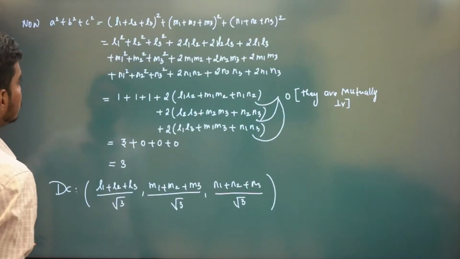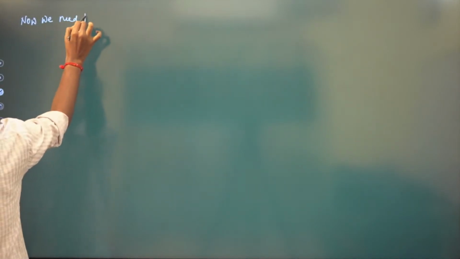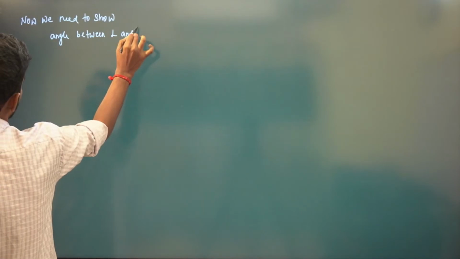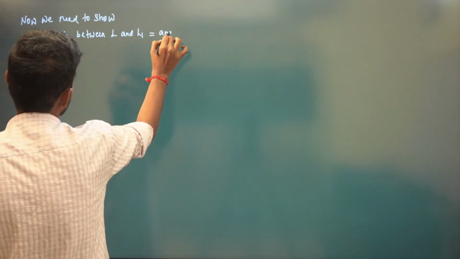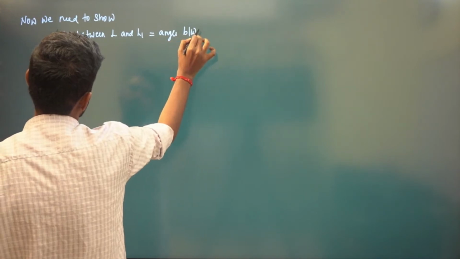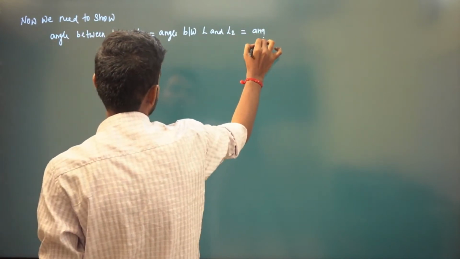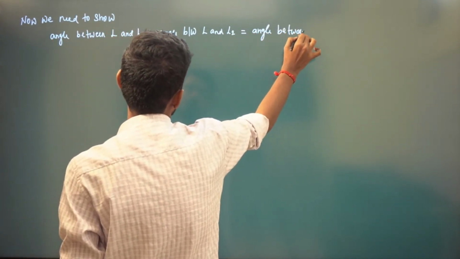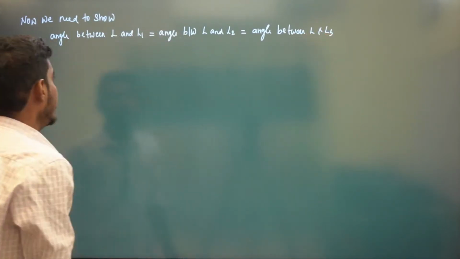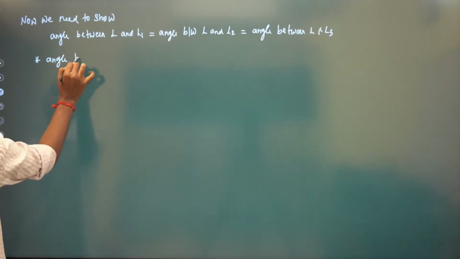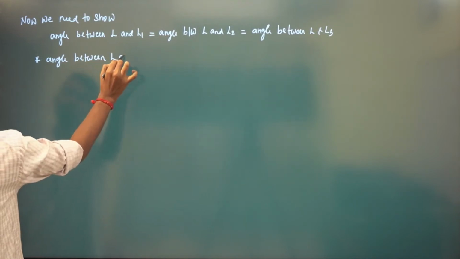We need to show the angle between L and L1 is the same as the angle between L and L2, and that is the same as the angle between L and L3. So first find the angle between L and L1.